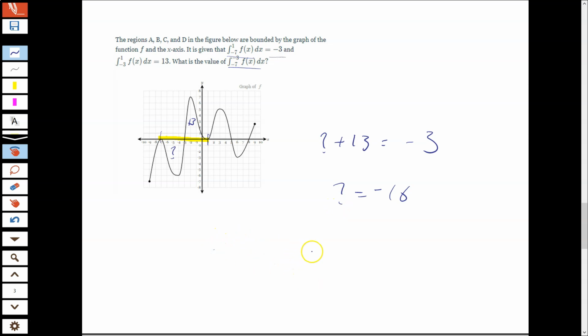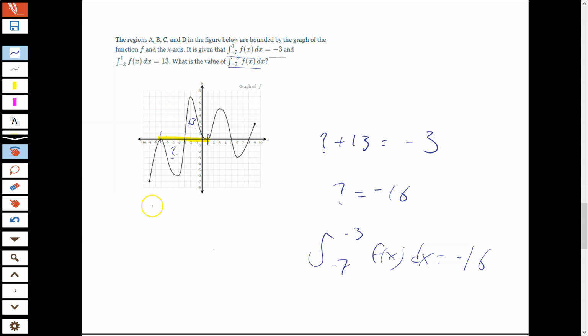So I'd say that this integral from -7 to -3 is -16. Okay, so they can give you either the big integral and one of the pieces, or they can give you two pieces, and either way they're going to ask you for that third missing piece. But it relies on the same rule that we saw before.